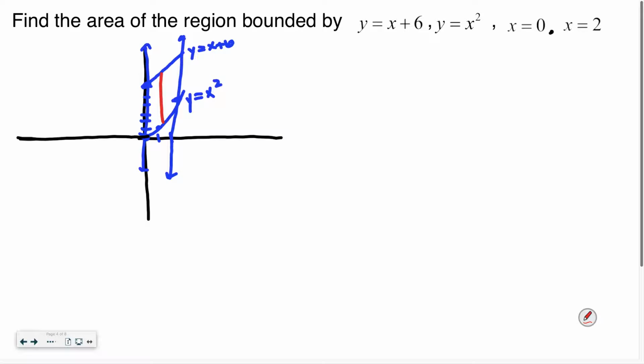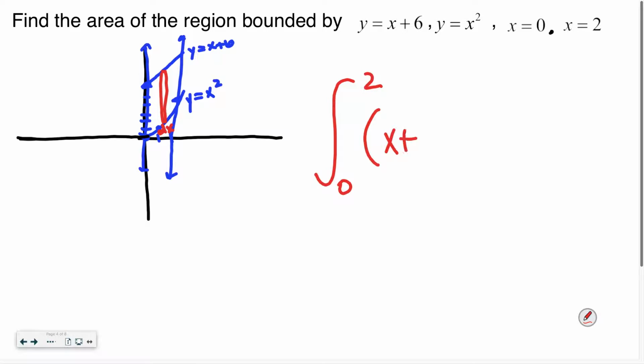What is happening is we are taking these infinitely small rectangles with thickness dx and we're adding them up together. So we have the integral. It begins at 0 and ends at 2 because that's what they gave us. Our rectangle height would be top function minus bottom function.